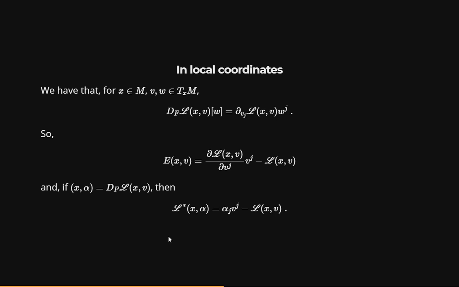And you can prove that in suitable local coordinates, you are actually doing the Legendre transform. So anyway, the Legendre transform in the end takes some function from the tangent space to R and gives you a natural way to associate to it a function from the cotangent space to R with some properties.